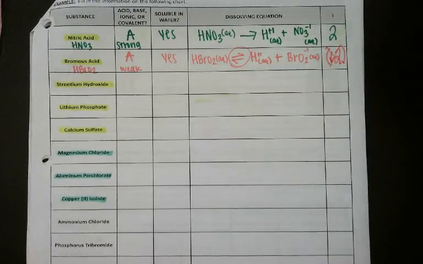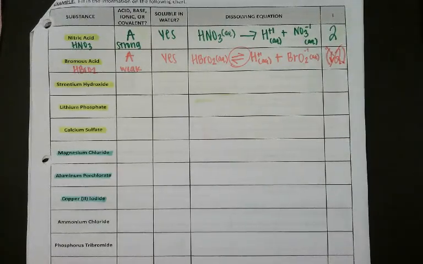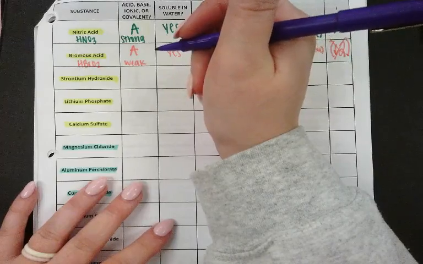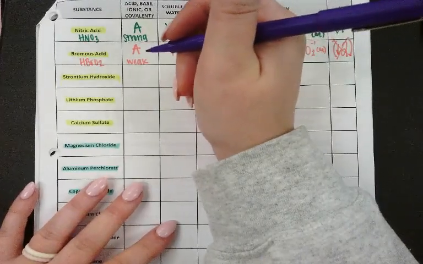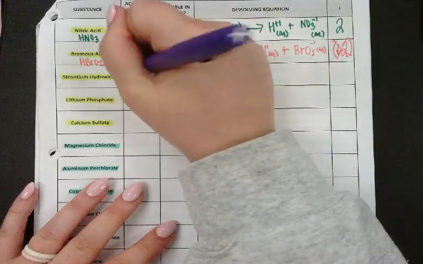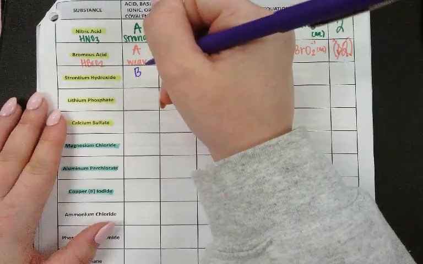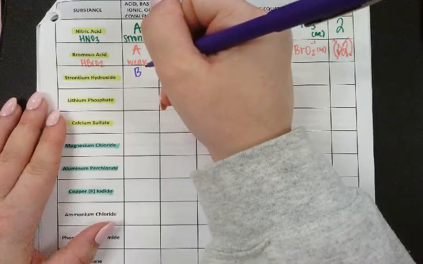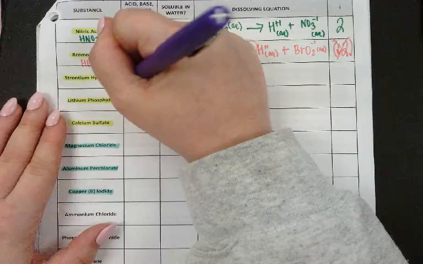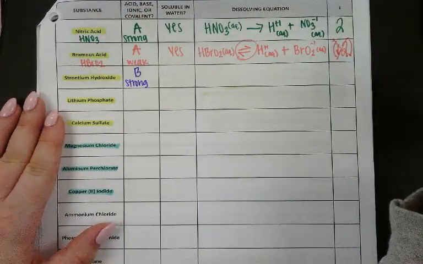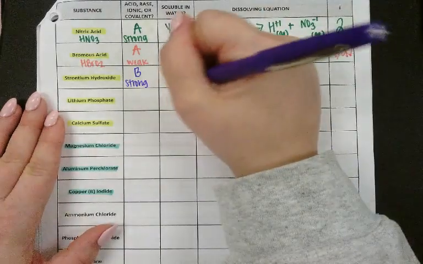All right, let's do the next one. Strontium hydroxide, Elise. Hydroxide. It is a base. Is it strong, weak, medium? It is strong. Okay. Priya, is this soluble in water?